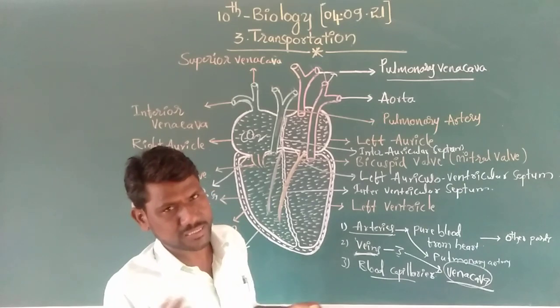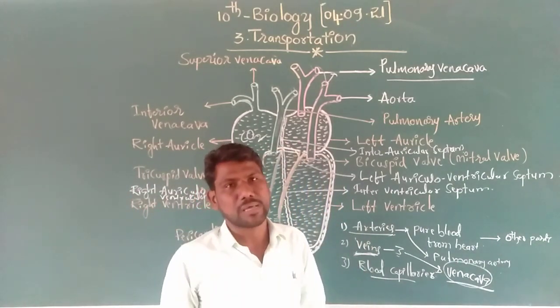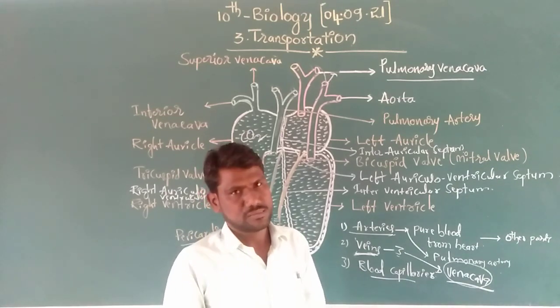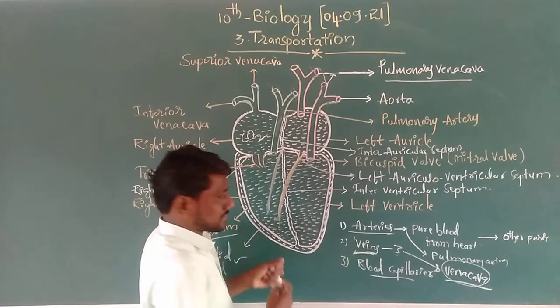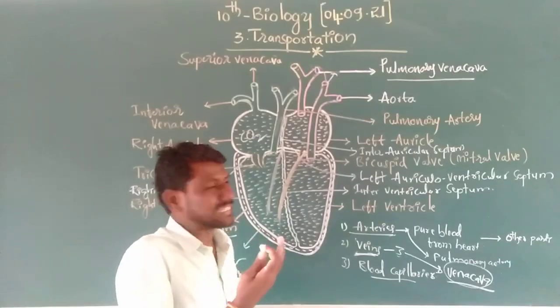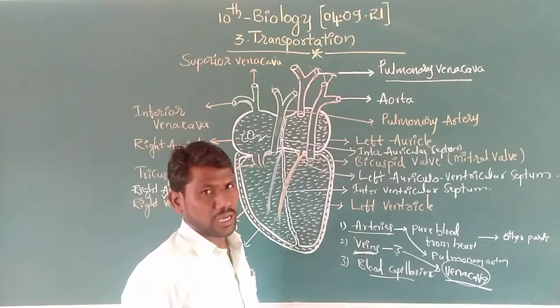In the previous lesson, I said that gas exchange takes place in the alveoli of the lungs. After gas exchange, the carbon dioxide is expelled through the nostrils, and at that time oxygen enters the lungs.